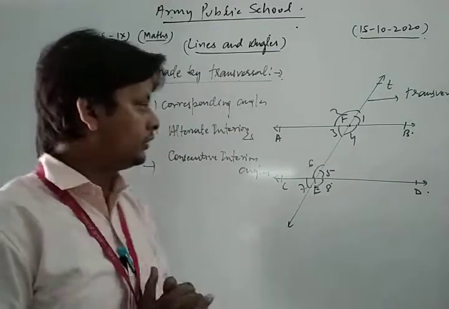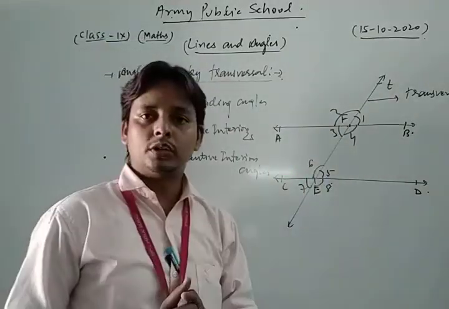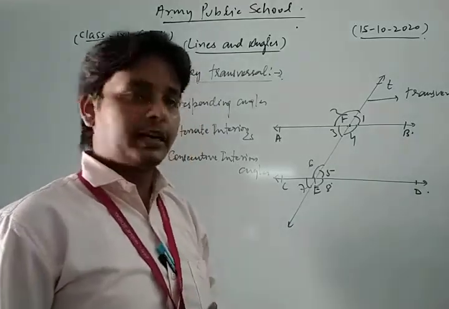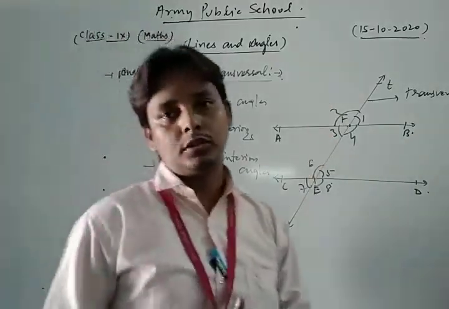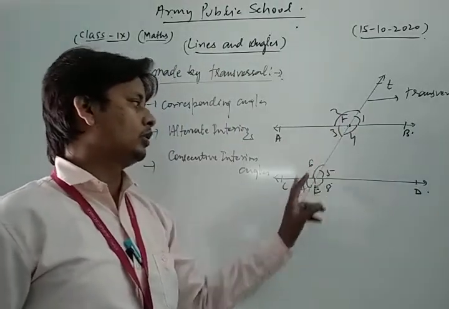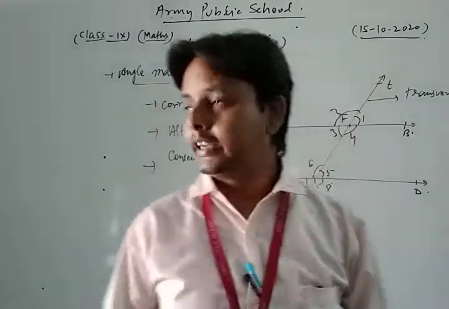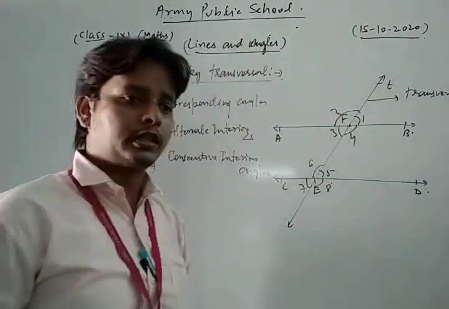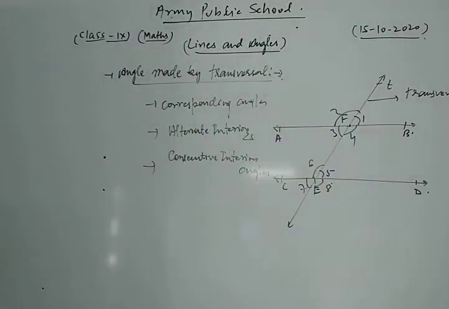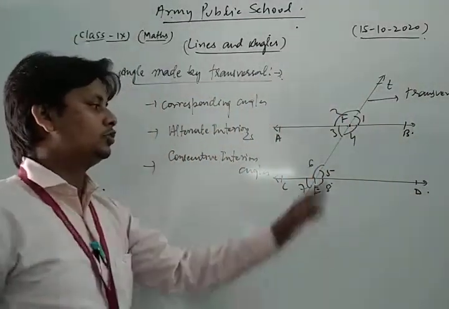The most important result is that alternate interior angles are equal to each other, and the same as the corresponding angles are also equal to each other, means angle 1 is equal to angle 5, angle 2 is equal to angle 6, angle 3 is equal to angle 7, angle 4 is equal to angle 8. So in this way, alternate interior angles are equal to each other, as well as corresponding angles.